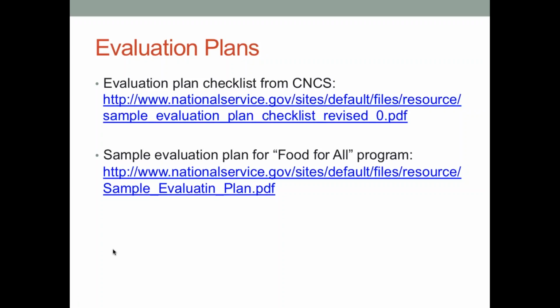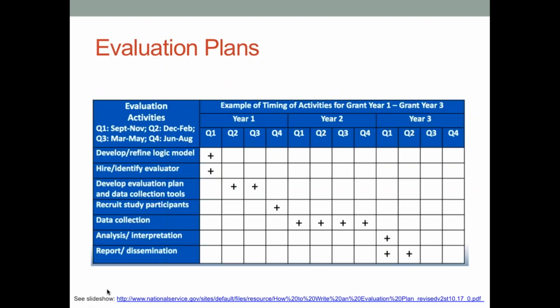And then there's a sample evaluation plan for a different fictitious program called Food for All that shows you what CNCS might expect. If you have time, one of the things I like to do with the evaluation plan links that were sent is, not only use the RFP to write and guide that, but use the checklist to self-assess if you've included everything.